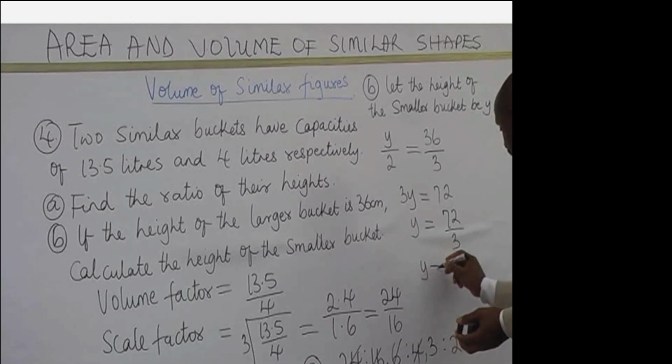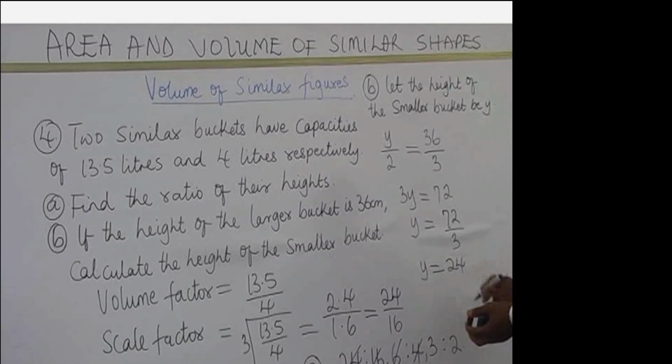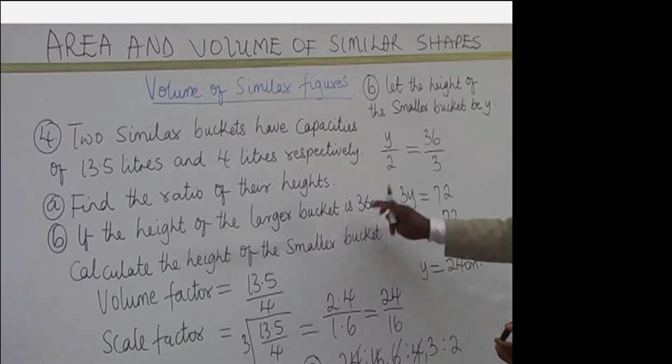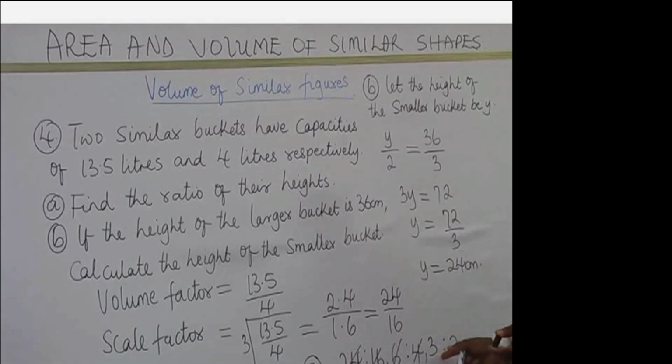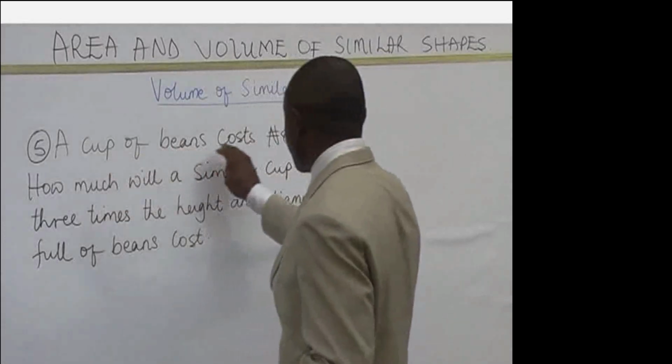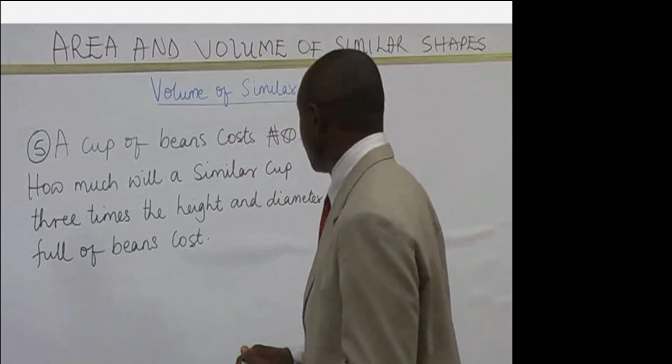So we have y is equal to 24 centimeters. That is the height of the smaller bucket when the bigger bucket is 36 centimeters and the scale factor is 3:2.